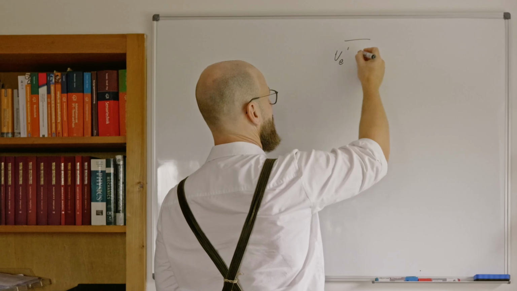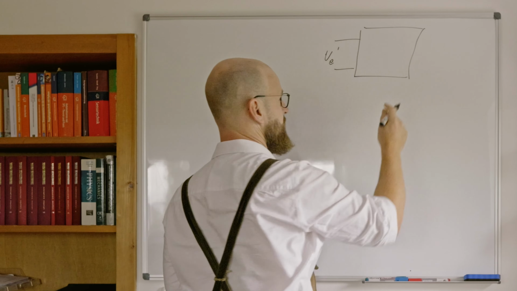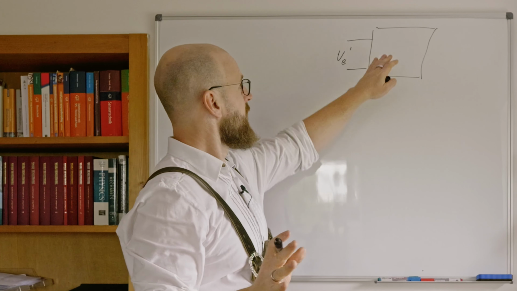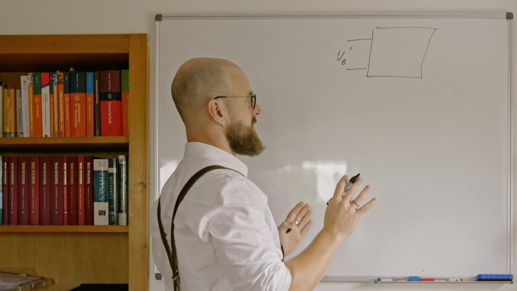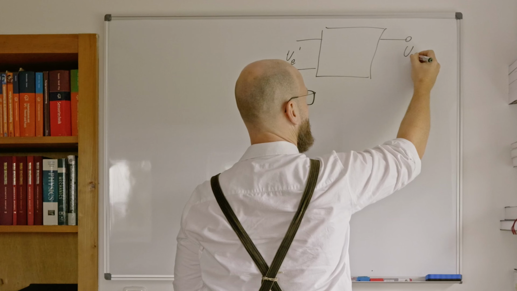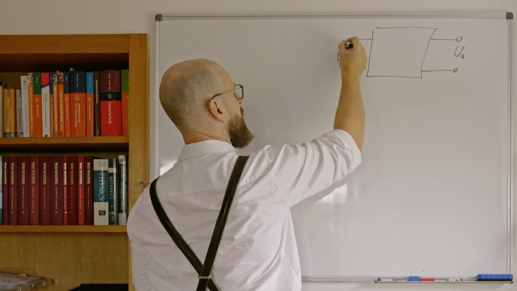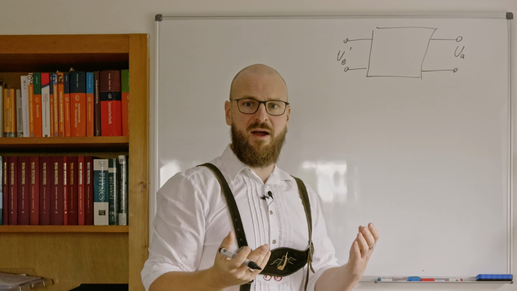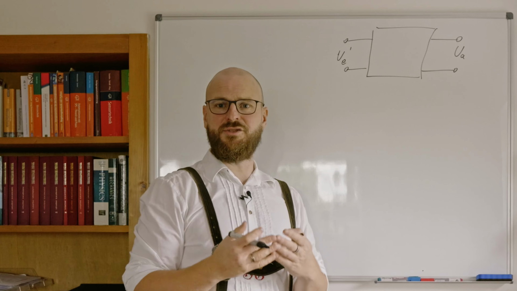And we want to plug that voltage into some black box. That's our measurement amplifier right now, which does nothing more than produce some output voltage, UA, which amplifies that input voltage by a certain amount, by a certain factor.